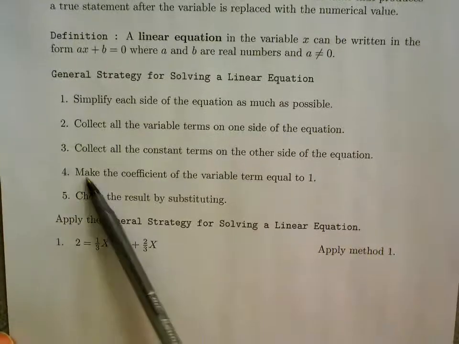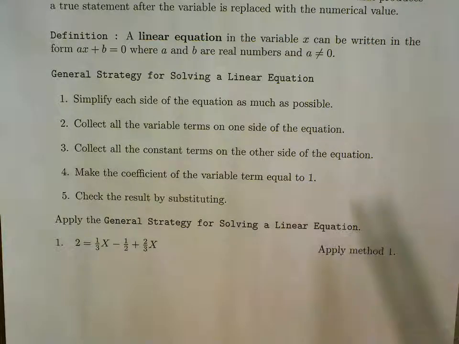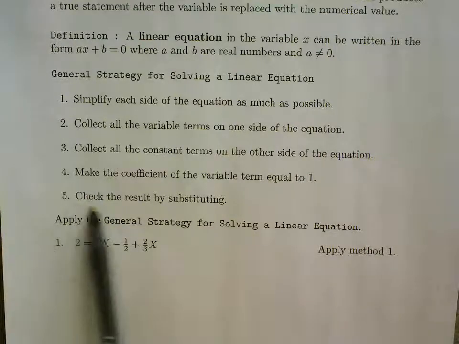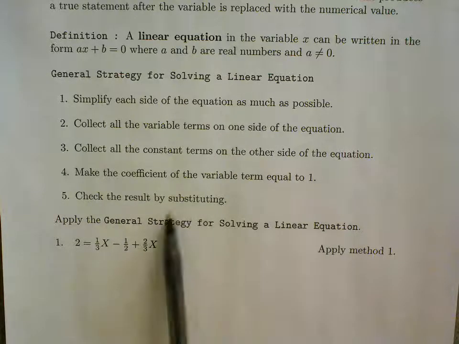And then step 4, make the coefficient of the variable term equal to 1. So if you follow those appropriately, you'll end up with the variable equal to some number. And then in step 5, you can always check your candidate for a solution by substitution.